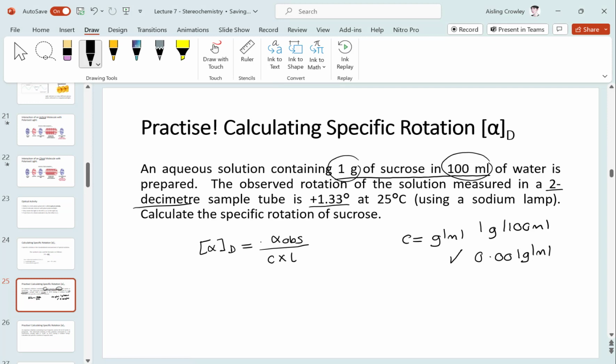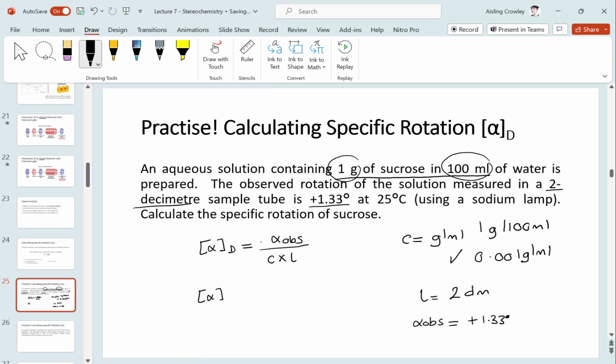The length of my tube, L, has been given to me in decimeters in this question, so I can keep it exactly as is, 2 dm. And my alpha observed is plus 1.33, and the units here are degrees, because it's a rotation, it's an angle. Once I have all that information, I can sub it in.